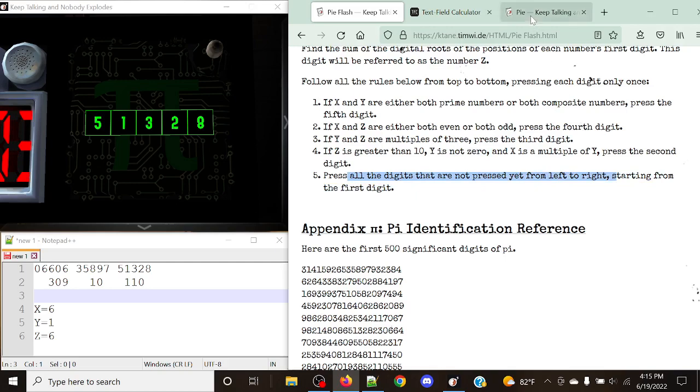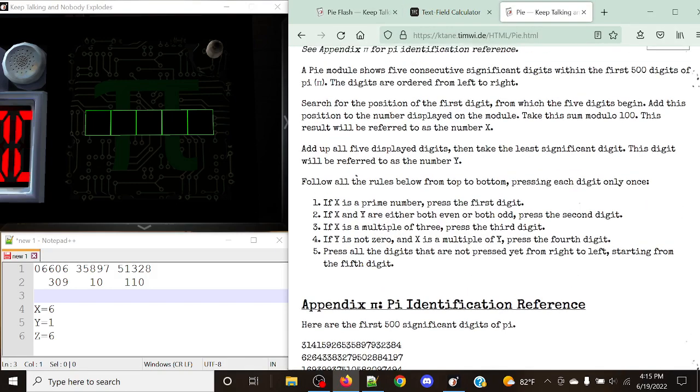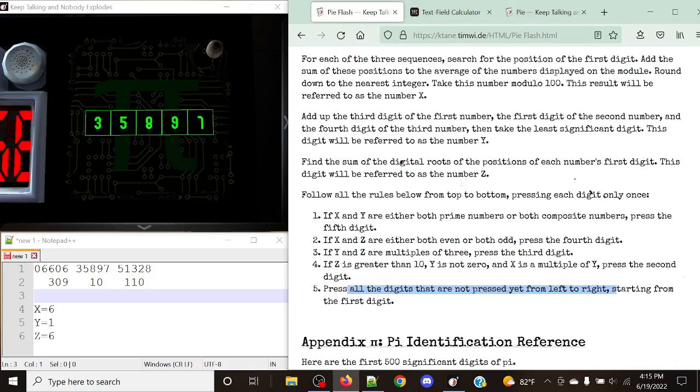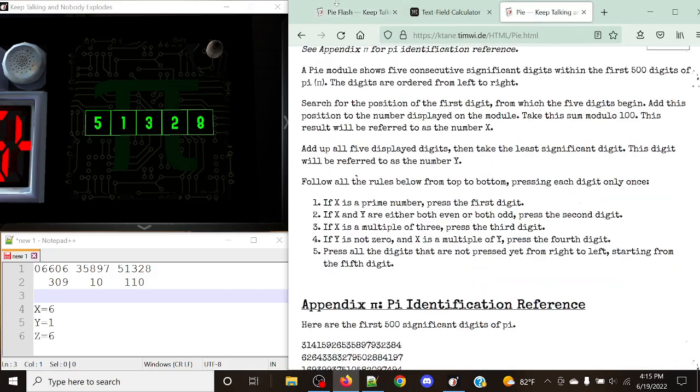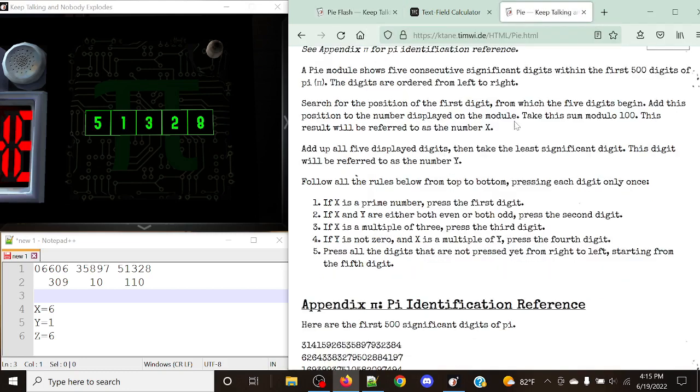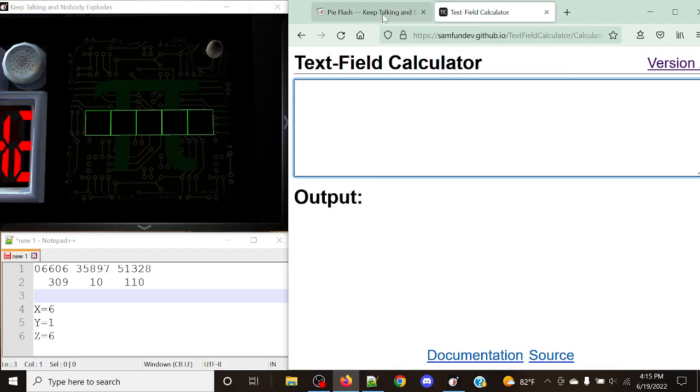So essentially, all of the presses have been reversed. In this case, we start from 5 counting down with Pi Flash, compared to Pi, which would be 1 counting up. And for the last rule, you would be pressing anything that you would have from left to right for Pi Flash, compared to Pi, which you'd be pressing from right to left. So that's the key difference here.